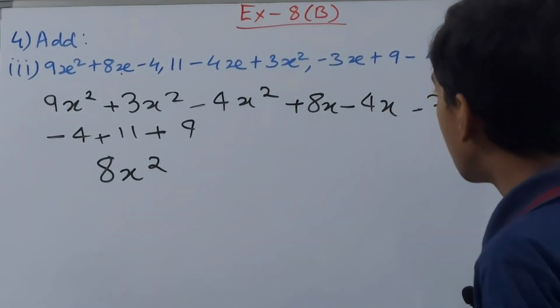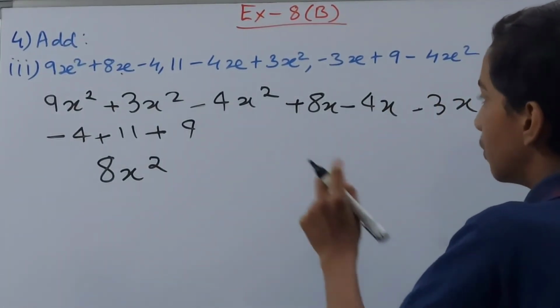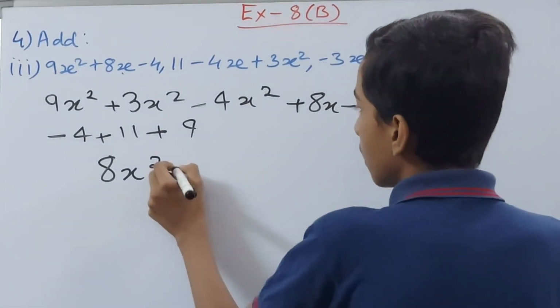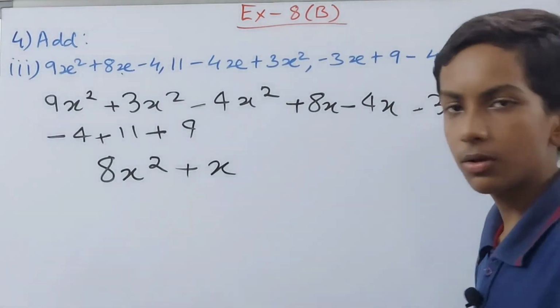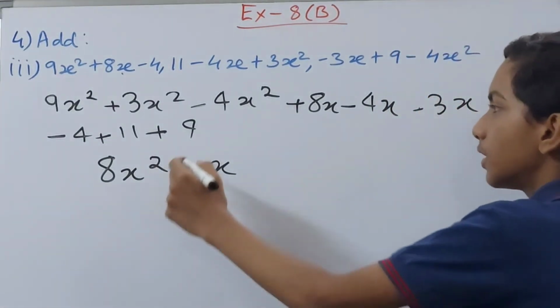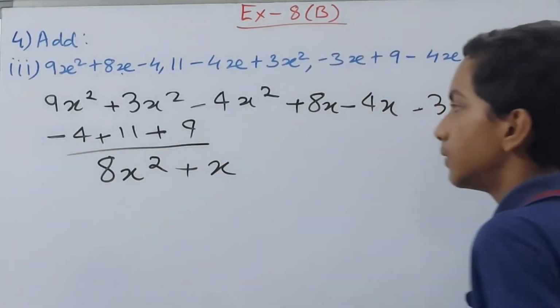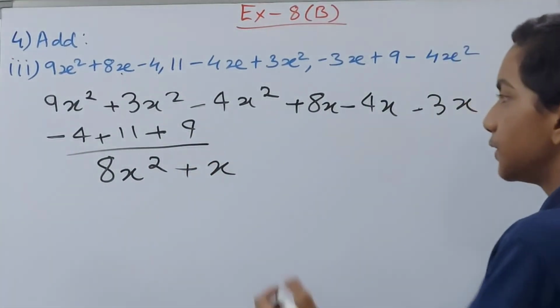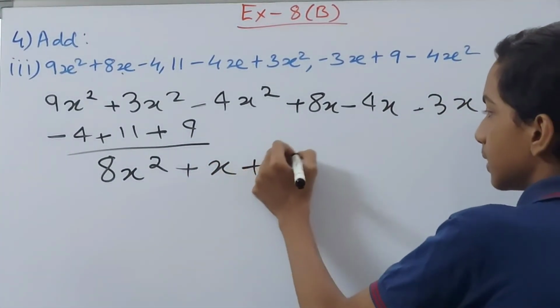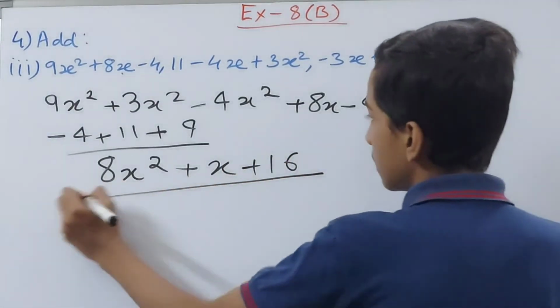Alright, and which sign will we put here? We will put a plus sign. So plus and x, just simple x. Alright, then the numerical values we have to also solve. 11 plus 9 is 20, 20 minus 4 is 16, so plus 16, this becomes our answer.